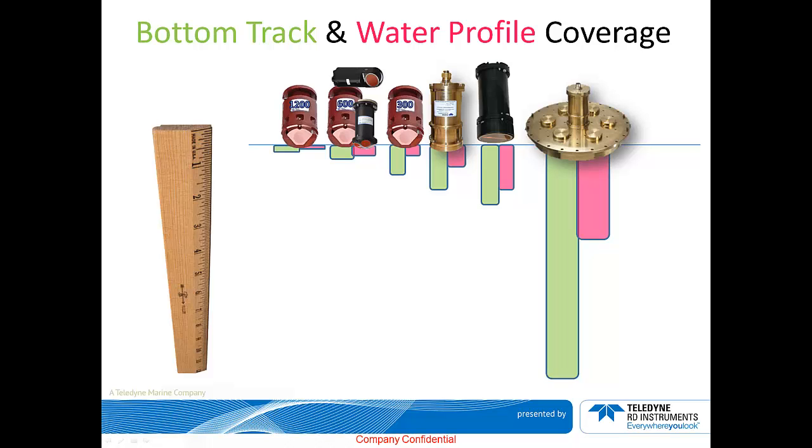The water profile transmit pulse is approximately equal to the depth cell size, whereas a bottom track transmit pulse is approximately equal to 30% of the altitude. But the question is why? Why does the bottom track transmit pulse have to be that long? Why can't we just send a regular transmit pulse similar to a water profile transmit pulse?